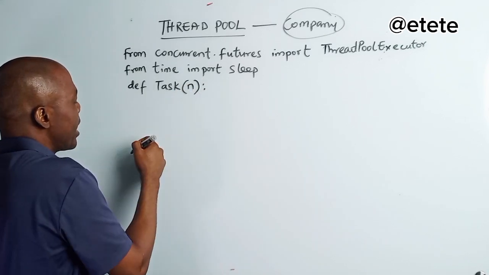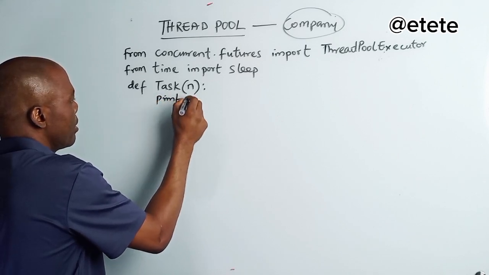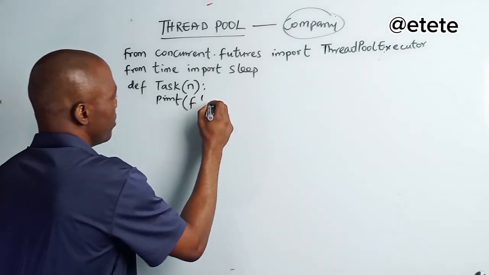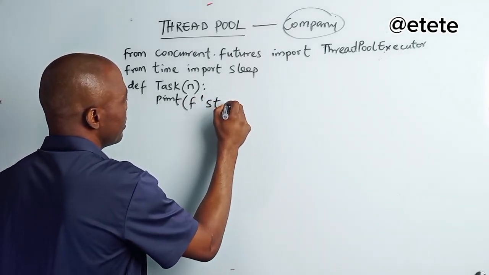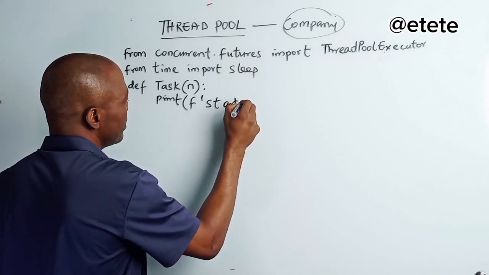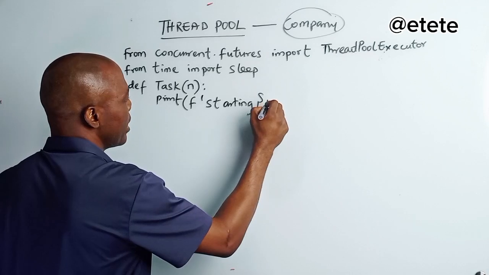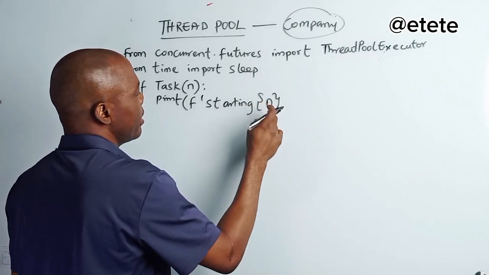Inside this task, I'm going to print, using a format string, starting n task, with curly brackets around n.